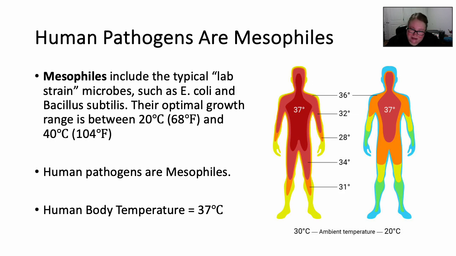Most human pathogens, so things that cause disease, are also going to be mesophiles because that optimal growth range is between 20 degrees C and 40 degrees C. Okay, this is important. We need to know mesophiles because we're going to come back to this term quite a bit throughout the rest of the semester as we talk about how things cause disease.